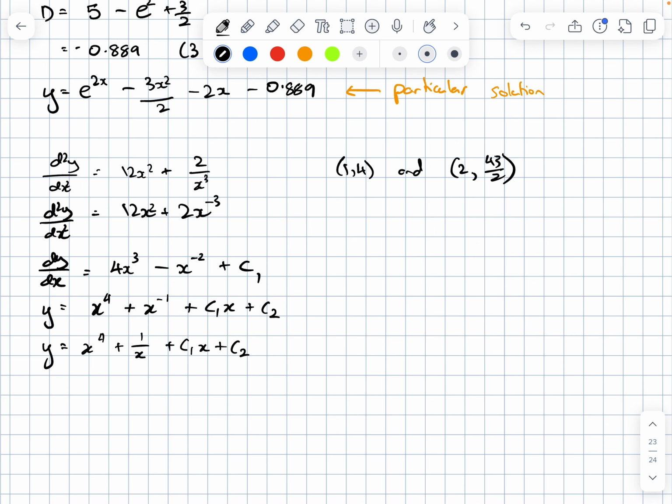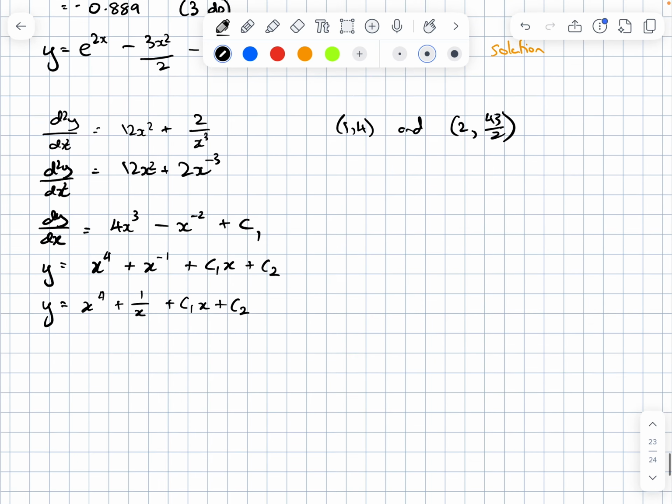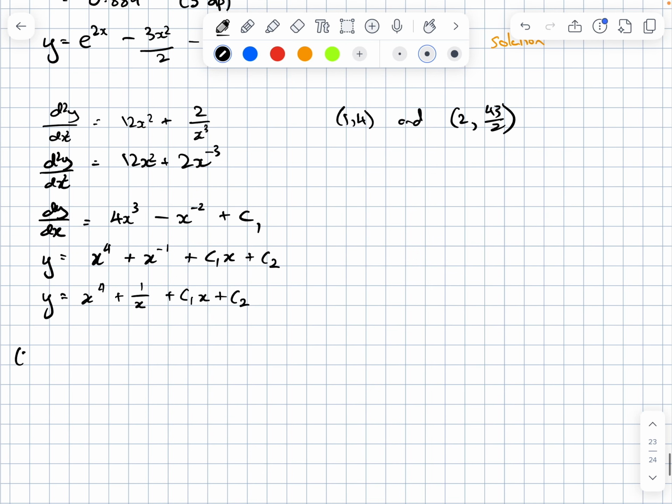And now I can substitute my 2 points to get an equation for c1 and c2 and then solve simultaneously. So the point 1, 4 goes to 4 equals 1 to the power of 4 is just 1 plus 1 over 1, which is just 1, plus c1 times 1, which is just c1, then plus c2, which simplifies to give c1 plus c2 equals 2.